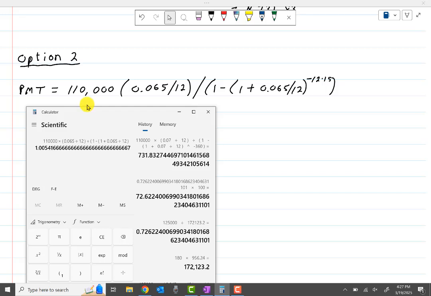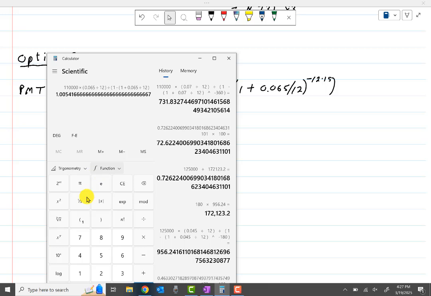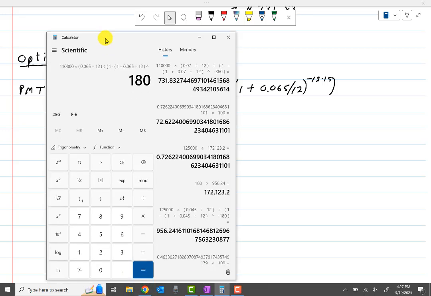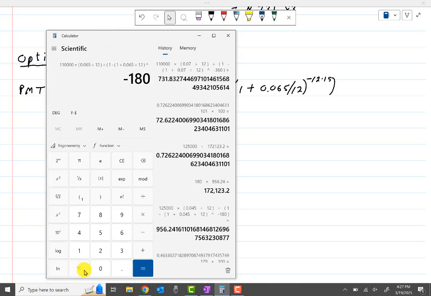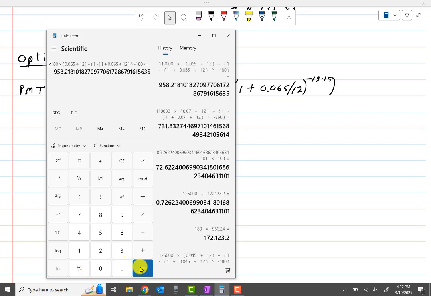Take my y to the x to the negative 180 power. So we'll go y to the x, and I'll type in 180, and then I have to type in the plus or minus. Finish the parenthesis after that, and then hit equals, and I get 958.22.